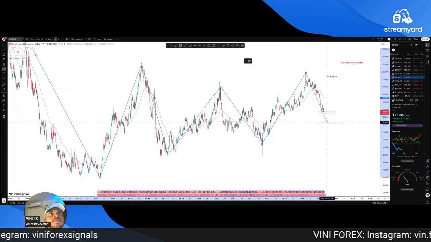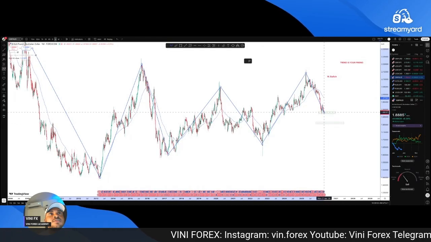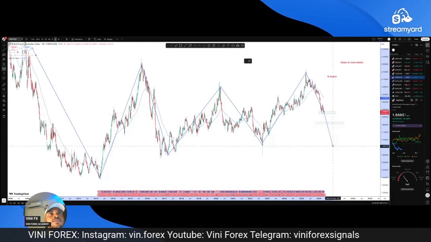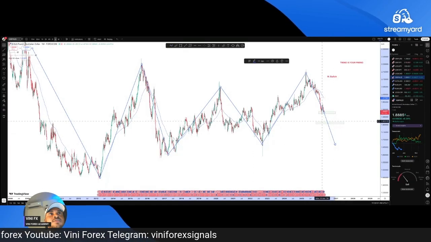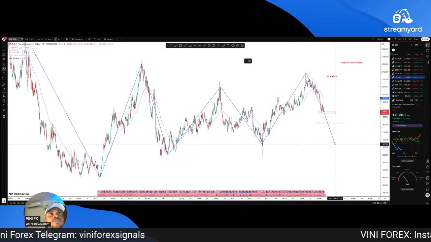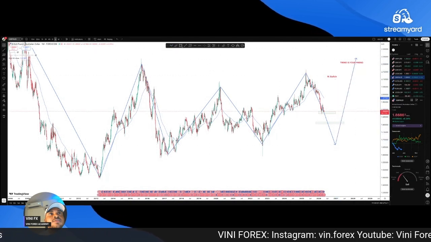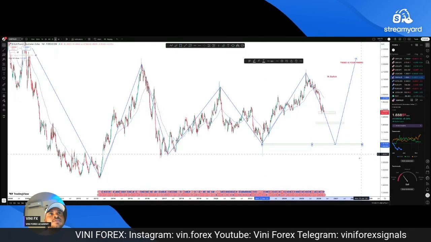And here is the 0.60, which is the golden ratio. So the market will either start buying from here, or the market can decide to come down here, giving you an equal low at this spot, and then still buy. Whatever will happen, the chart will show that to us.